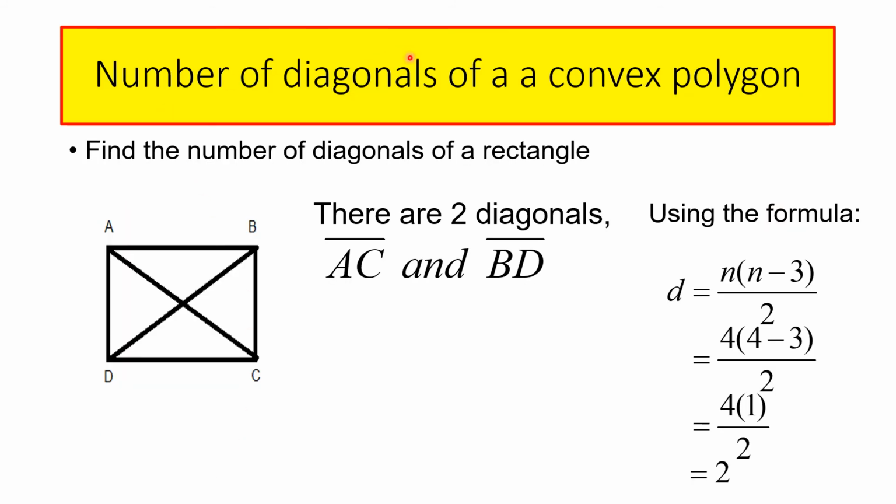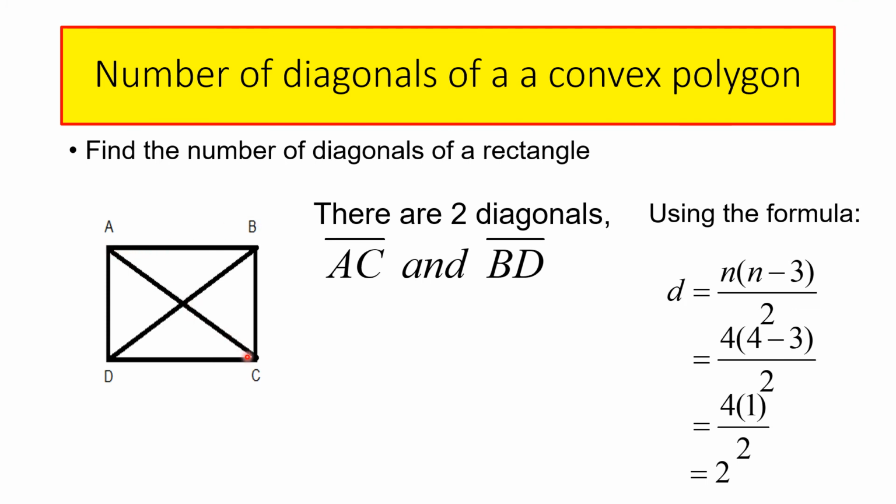We have the number of diagonals of a convex polygon. We have a quadrilateral. What is a diagonal? A diagonal is a segment joining any two non-consecutive vertices. Consecutive vertices, so we have A and B are consecutive vertices. B and C are consecutive vertices.